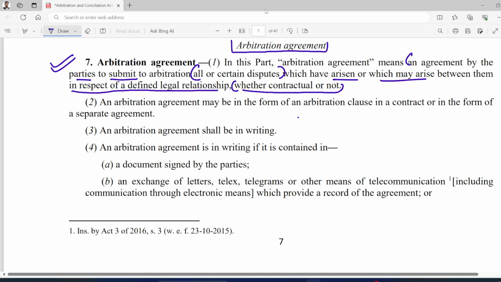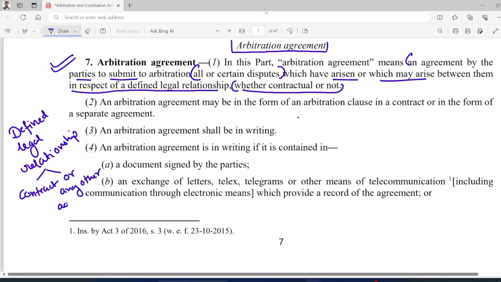So what is important is that there must be parties with a defined legal relationship. Now, the scope of this legal relationship can be contractual, given in a contract, or any other agreement.